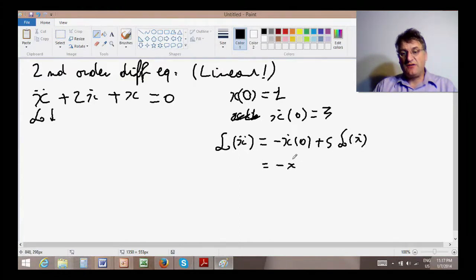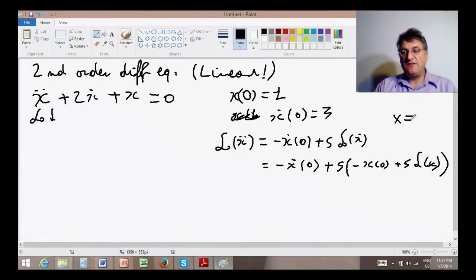Therefore, minus x dot of 0 plus s times minus x of 0 plus s times L of x.